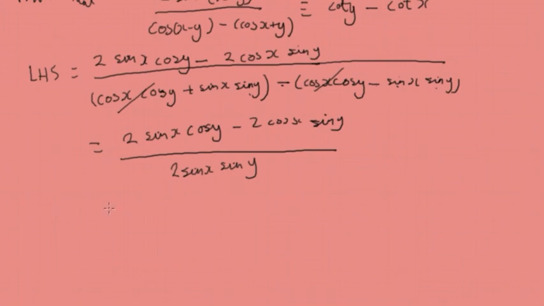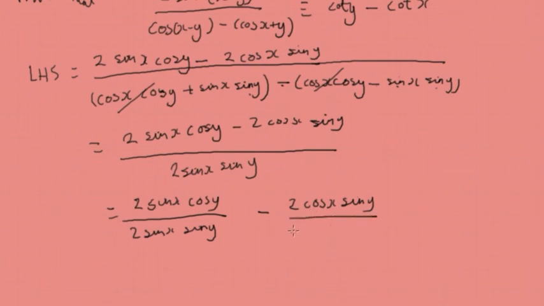And now we're going to separate out these two. So we'll have 2 sin x cosine y over 2 sin x sin y minus 2 cos x sin y over 2 sin x sin y.